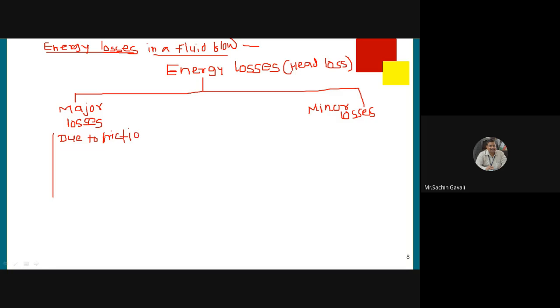Those losses are called major losses, and these major losses are due to friction only. And to calculate these losses, we have two equations we use in fluid mechanics. One is the Darcy-Weisbach equation.